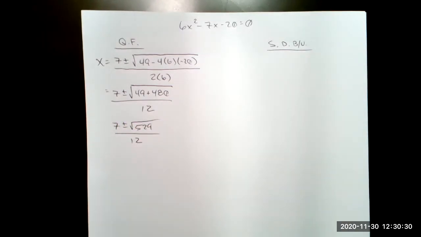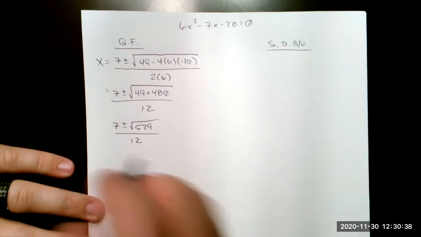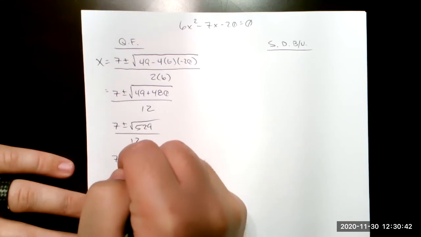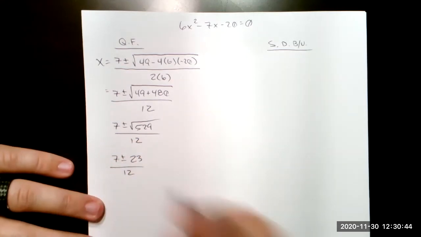And then let's see if 529 is a perfect square. Honestly, I don't know. So I'm typing in my calculator, 529, the square root, and it is, it's 23. That works out super nice. I love those. So 7 plus or minus the square root of 529 is 23.